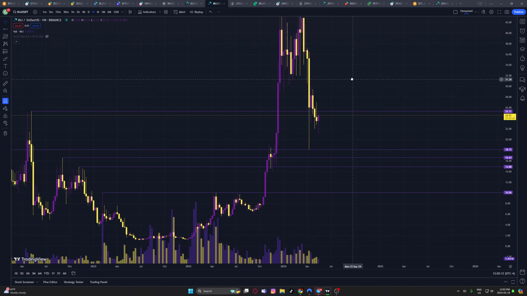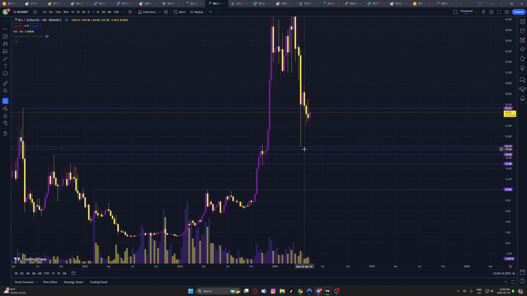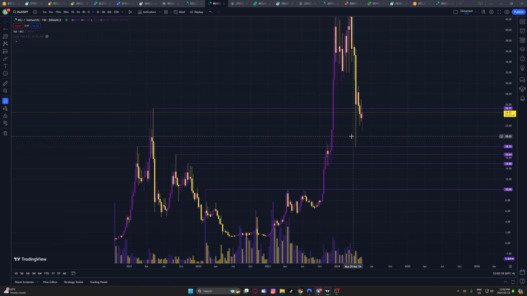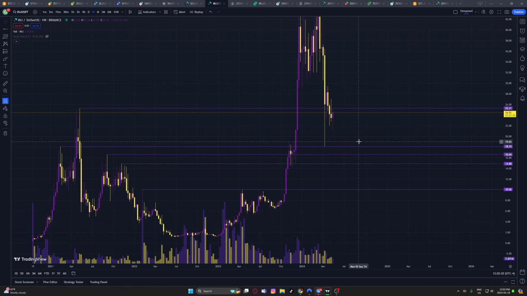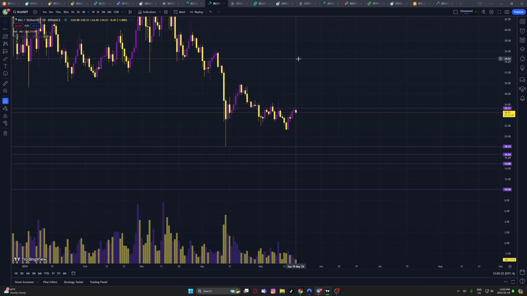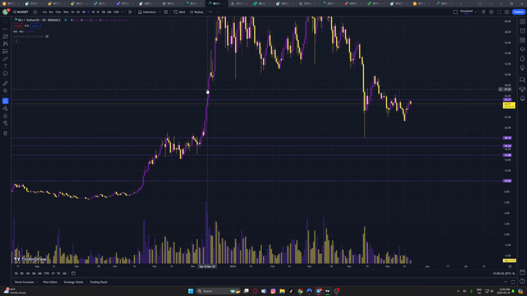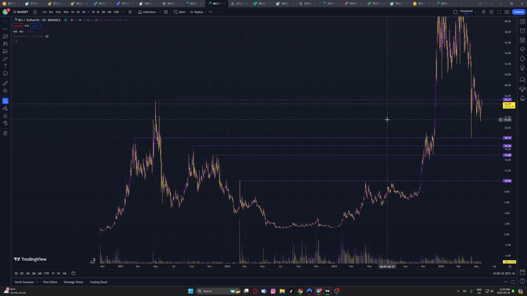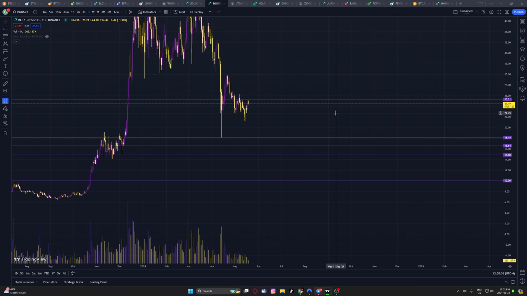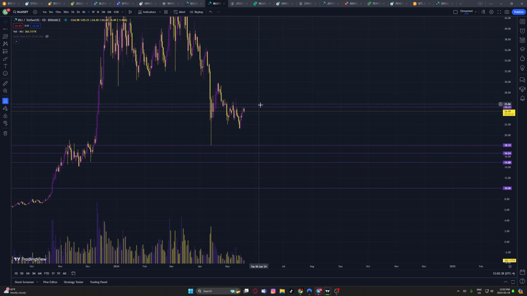But as you can see then, we come down and we bounce exactly at this spot right here. So let's lower the time frames on the daily. And as you can see, we have this massive wick on this candle right here. The massive wick is probably because we hit that 25.31, which was a resistance. And now really we're struggling at this 25.31 level again.